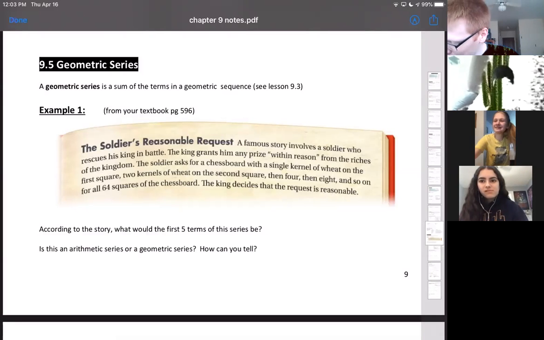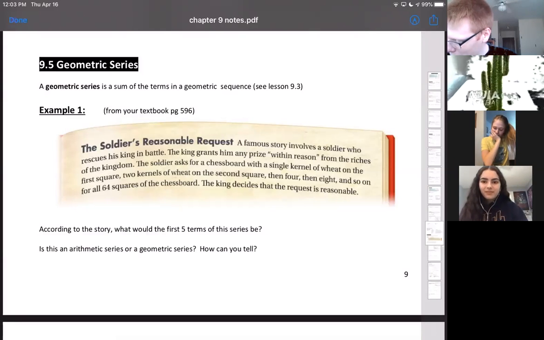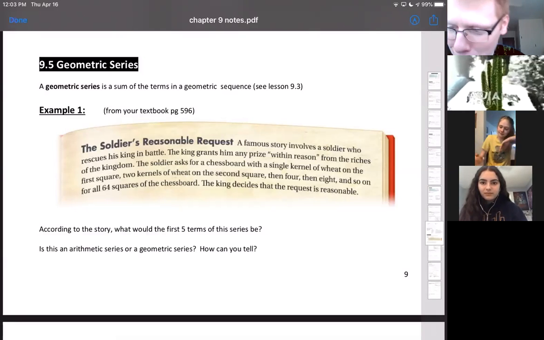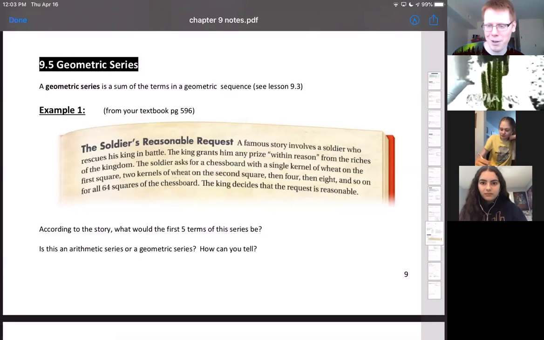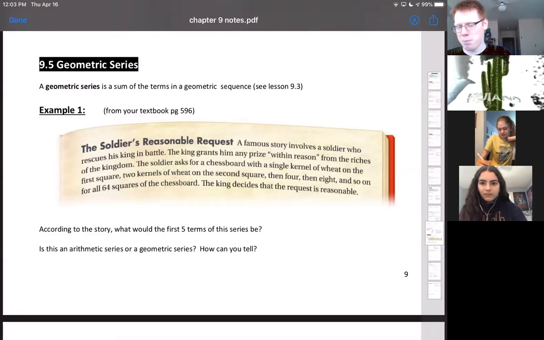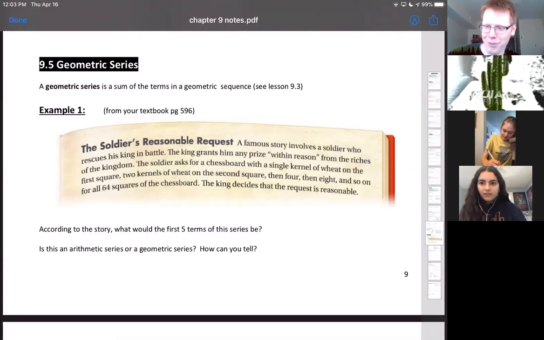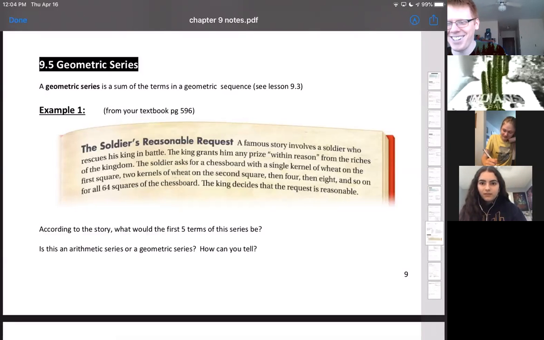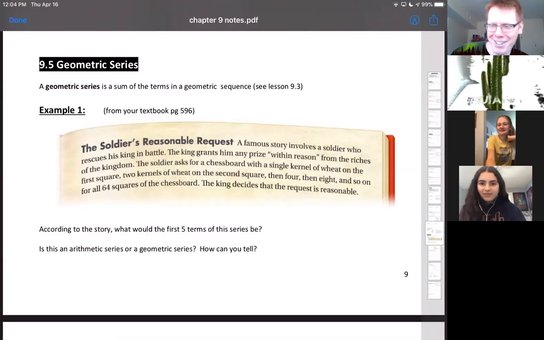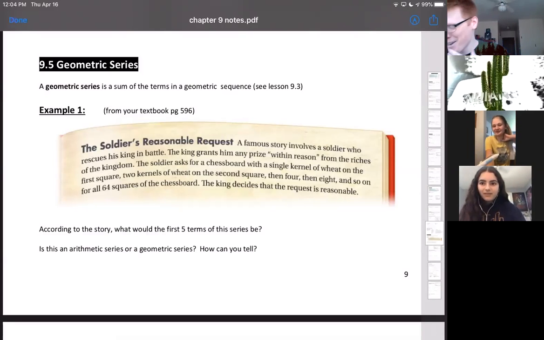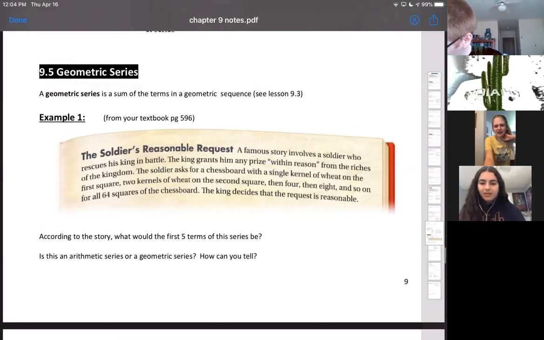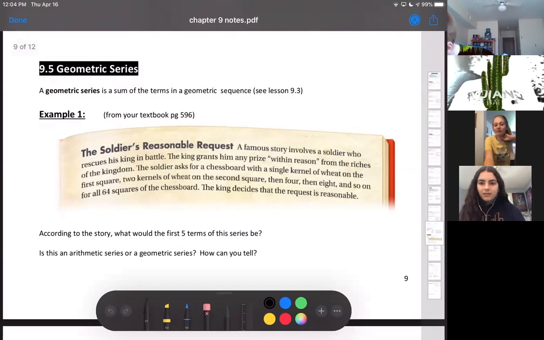So, according to the story, what would the first 5 terms of this series be? And then, kind of obvious from the lesson title, is it arithmetic or geometric? It's probably going to be geometric. All right, so let me turn my pen on.